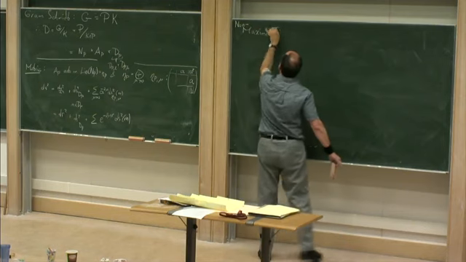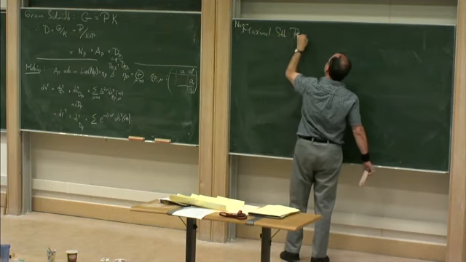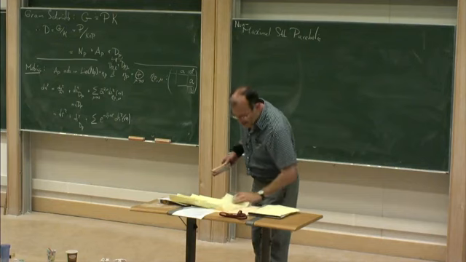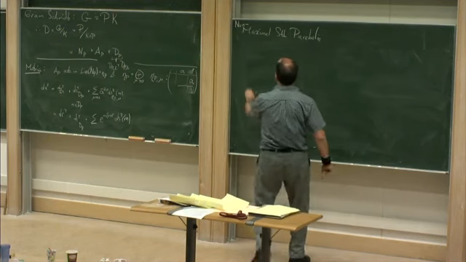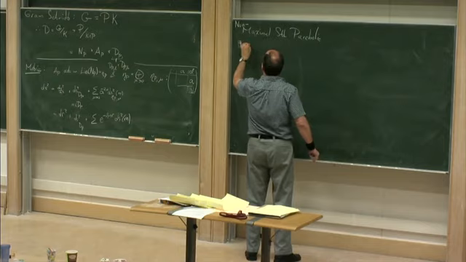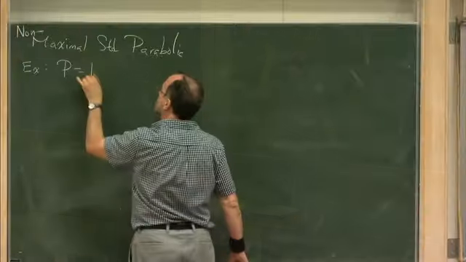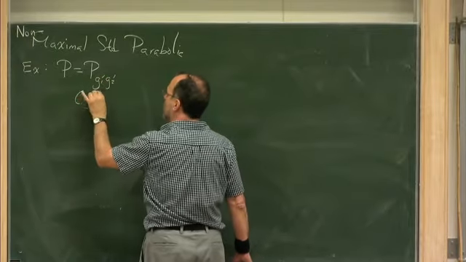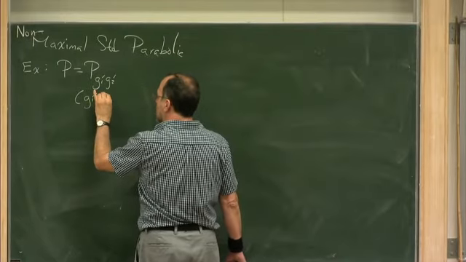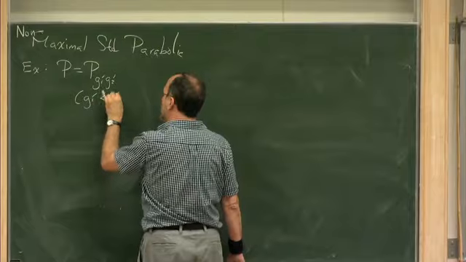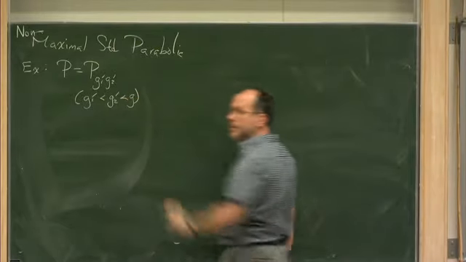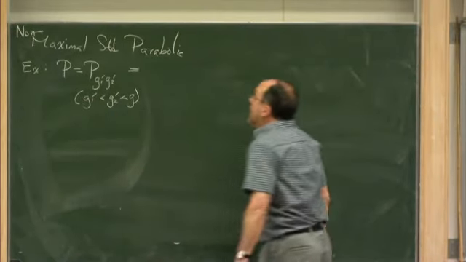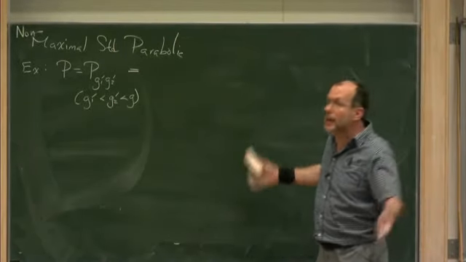Now, a non-maximal standard parabolic. Let me just draw the picture of one example. P equals P sub G1 prime, G2 prime, where G1 prime is strictly less than G2 prime, which is strictly less than G. It is block upper triangular, and there are going to be more blocks.